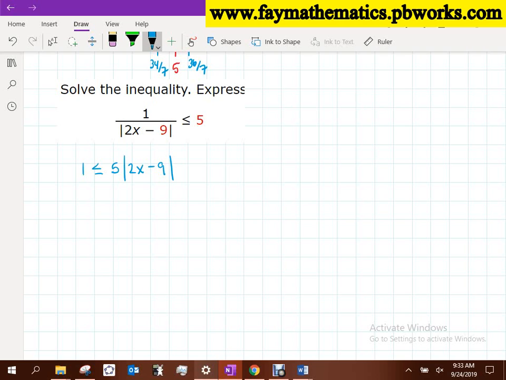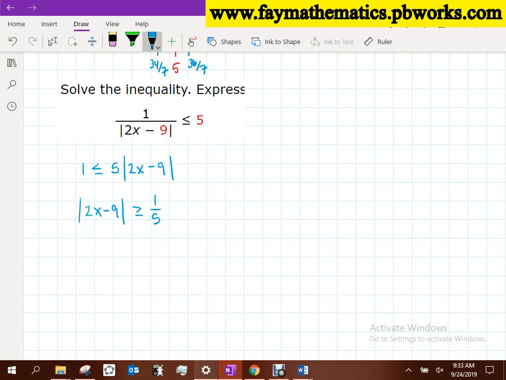Now, before I apply my rule, I'm going to flip this around, and I'm going to divide both sides by 5. So I should get something like that, right? Absolute value of 2x minus 9 is greater than or equal to 1/5.